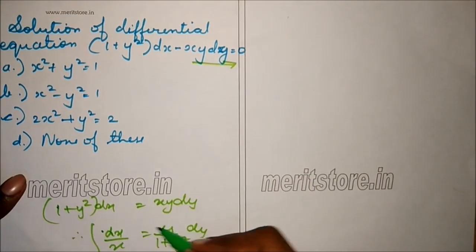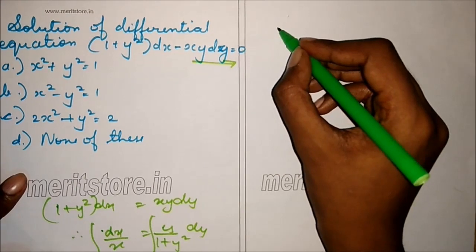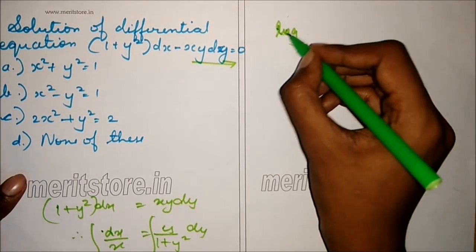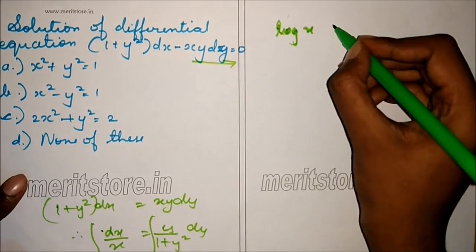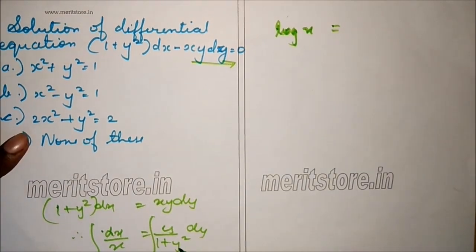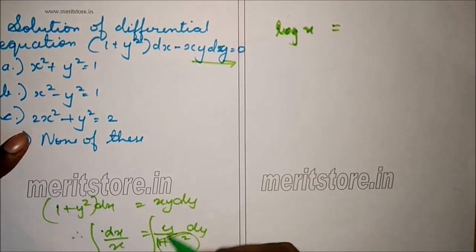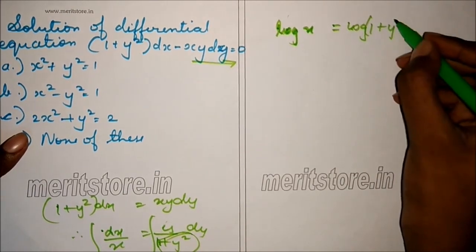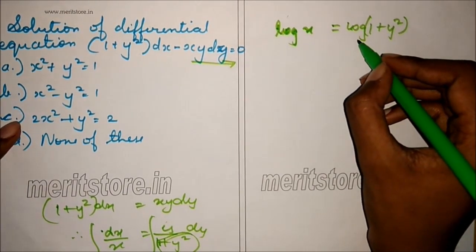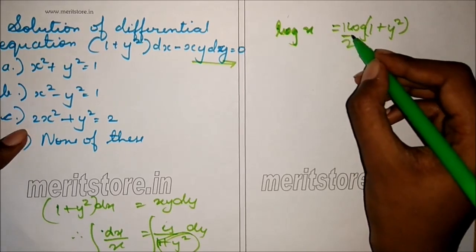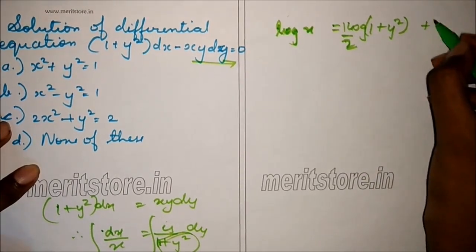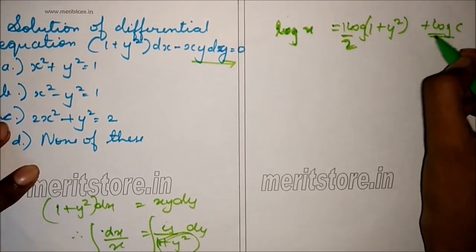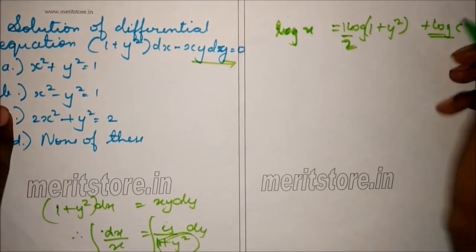So we integrate this. So this will be log of x is equal to, now derivative of the denominator is the numerator, so integration will be log of the denominator, that is log of 1 plus y square divided by 2 plus log c, where this is the integration constant.